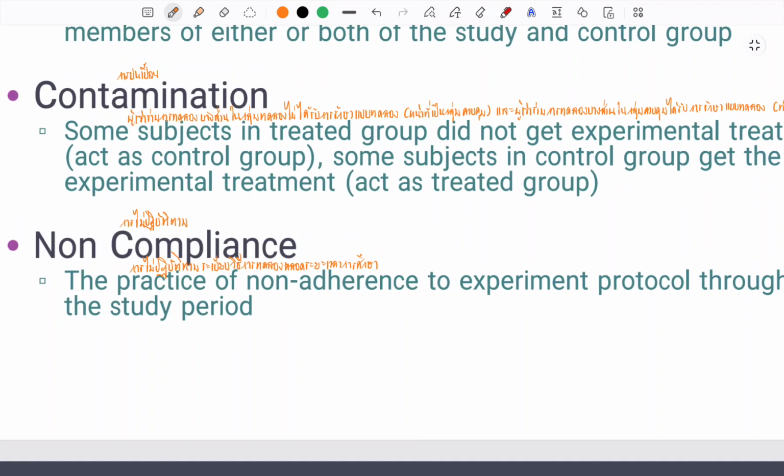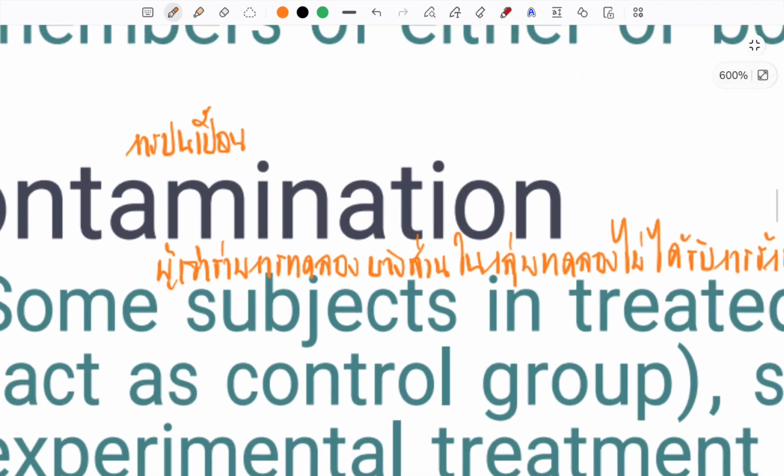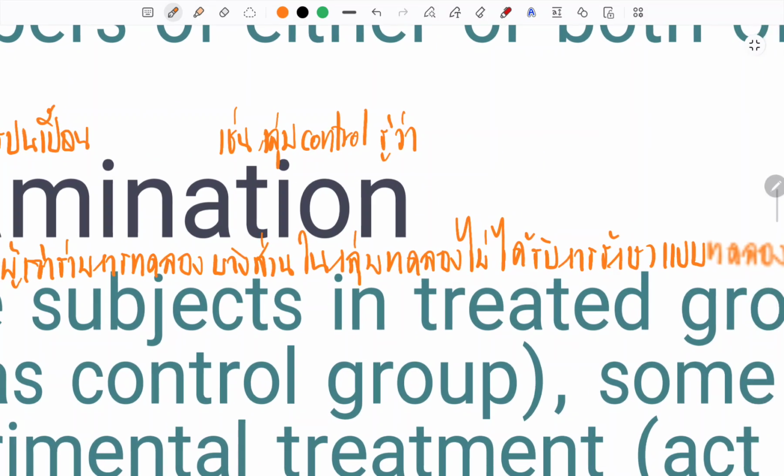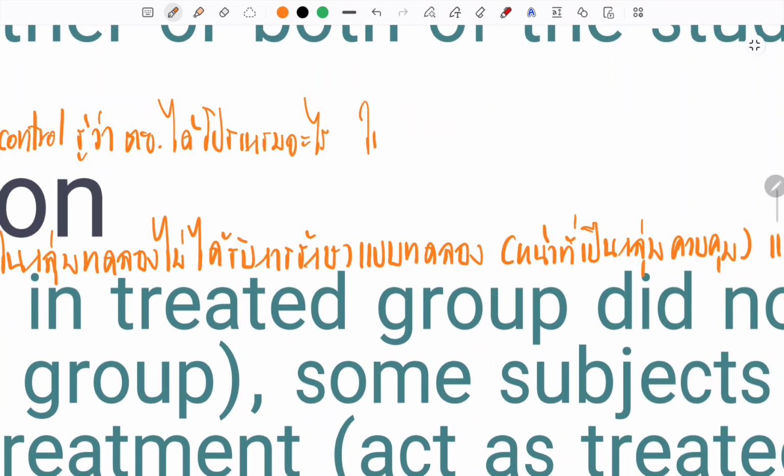Contamination means that the control group knows what the experimental group did, and they try to mimic and do the same. So if you use an instrument, do you have to be concerned about this? Yes. And how can you prevent it? To avoid contamination: separate rooms.